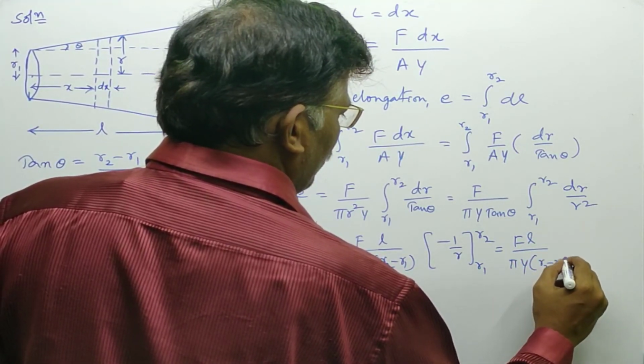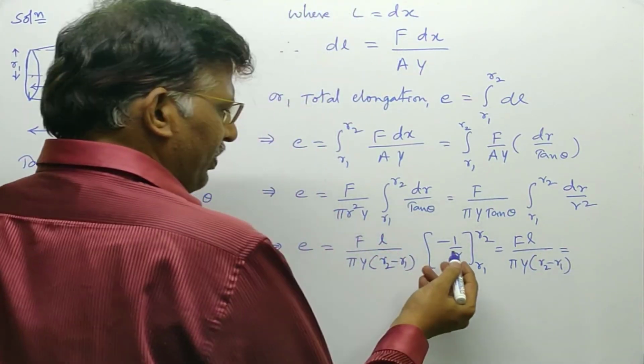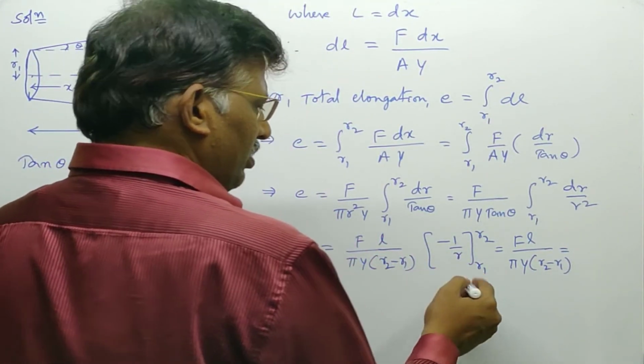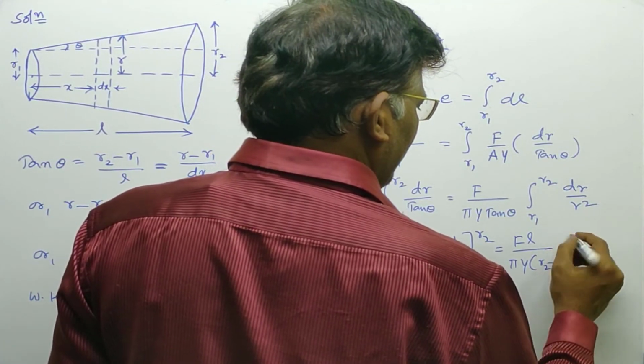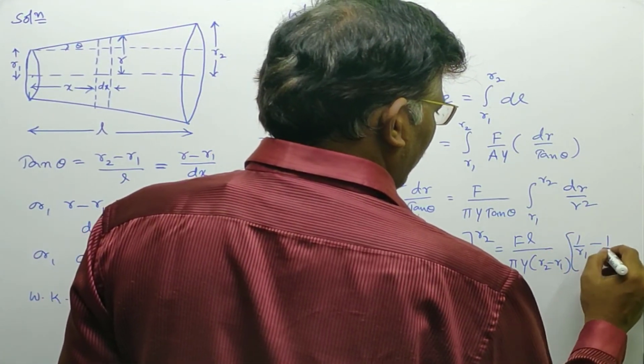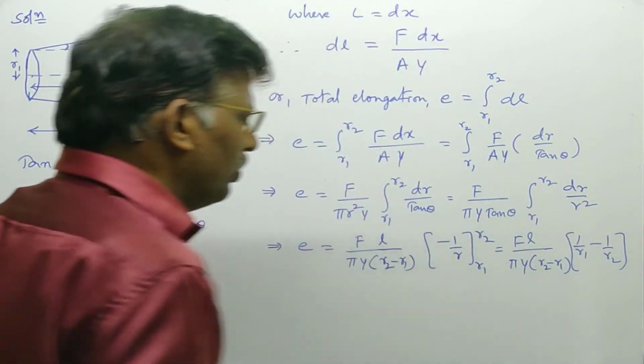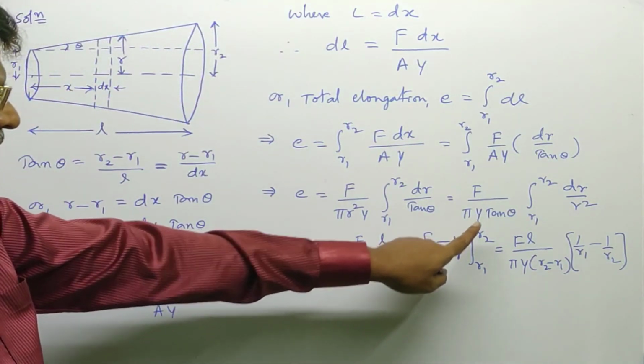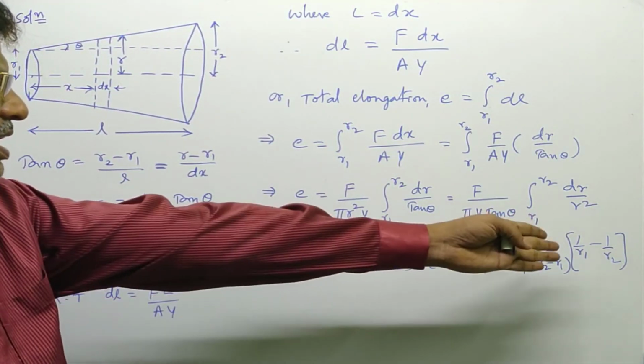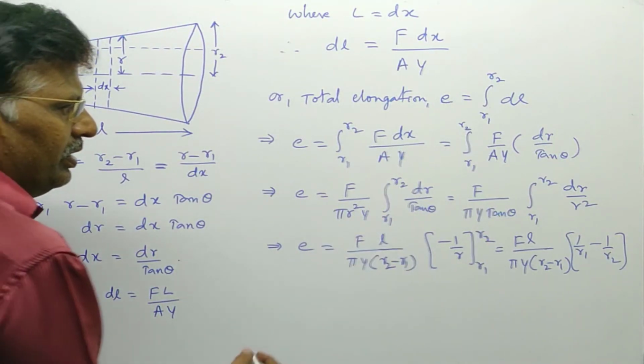R2 minus R1, into first the upper limit, then the lower limit. So, into 1 by R1 minus 1 by R2, because minus 1 by R2 minus of minus 1 by R1. So I can write it like this.